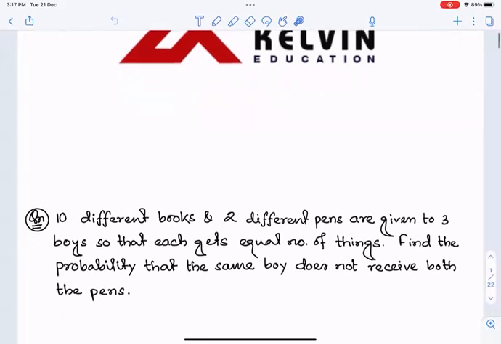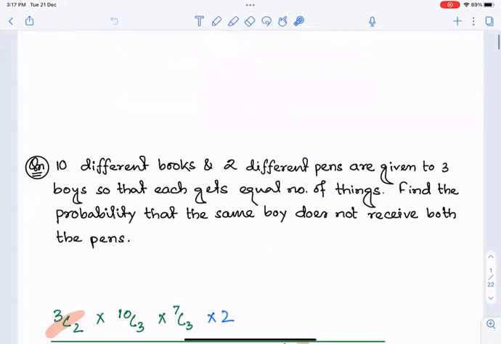In the first approach, for the numerator, we can think that out of 3 boys, if no one is receiving both the pens, then 2 boys will receive a pen. Which 2 boys will receive, we can decide in 3C2 ways.